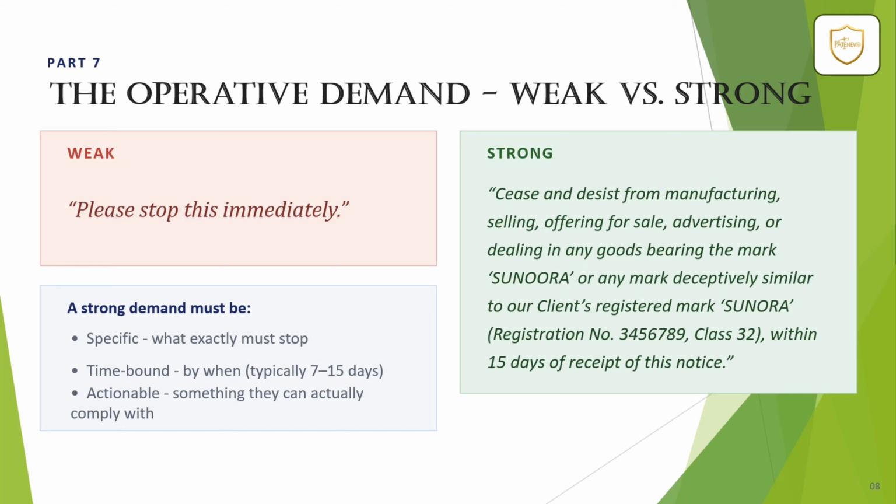So notice three things about the sentence: it is specific, it names the exact mark and the registration it is based on, and it is time bound, 15 days, not immediately, because that is vague, and the 15 days timeline is actionable. So the recipient can read this and know exactly what compliance looks like. This is the sentence a judge will read first if this matter ever reaches the court. So draft it like your case depends on it, because it might depend on the operative demand.